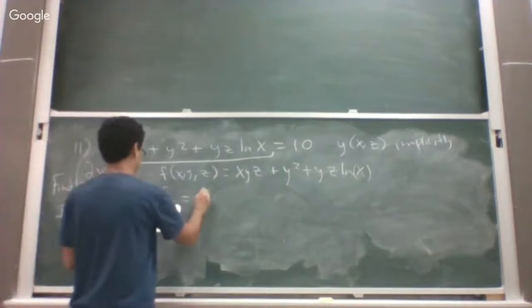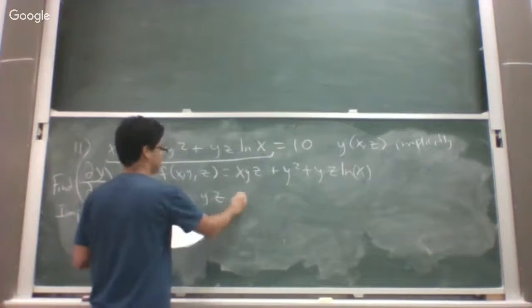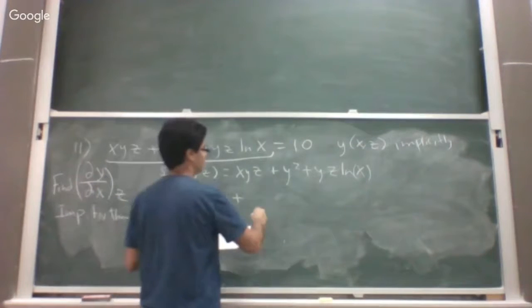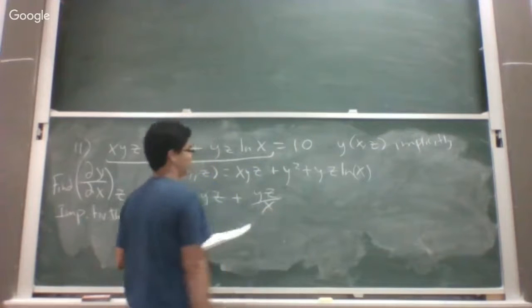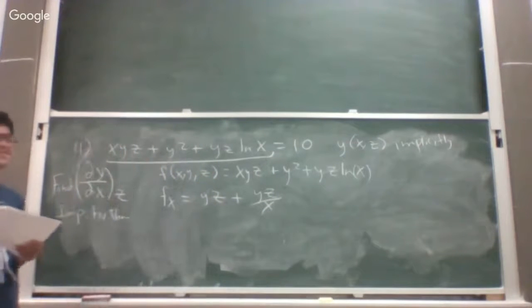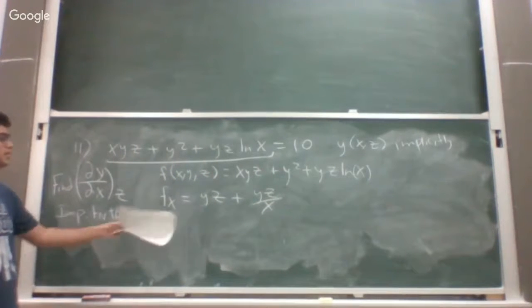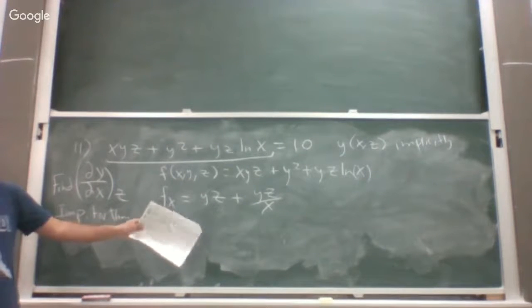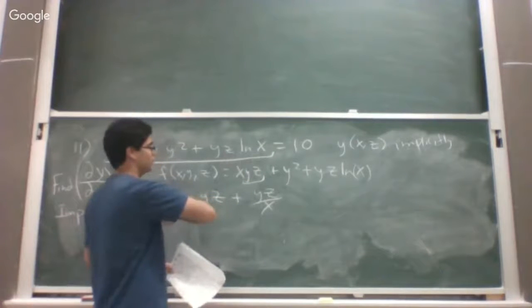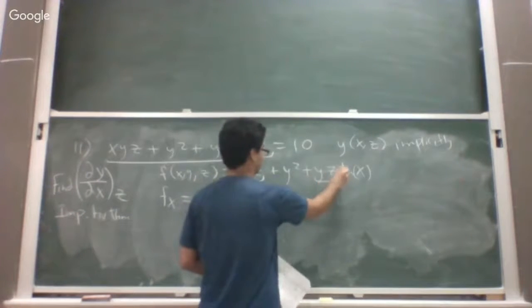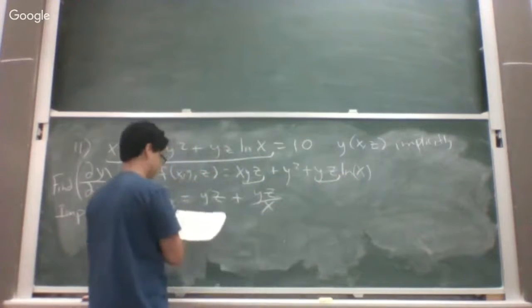So yz plus yz over x. yz over x, this with a c. Okay. Yes, is that fine? I think so. So these were the constants in front of x, and these were the constants when we took the derivative of x. Alright.